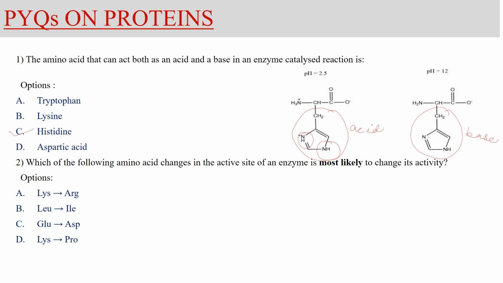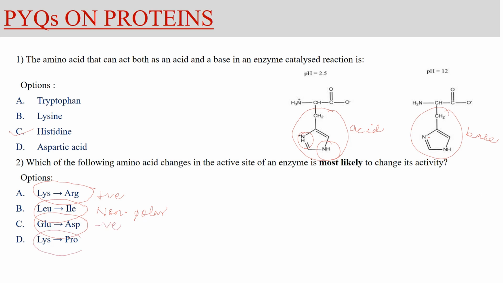The next question is, which of the following amino acid changes in the active site of an enzyme is most likely to change its activity? Our options are lysine to arginine. There would be no change in the activity because both are positively charged amino acids. Then next is leucine to isoleucine, no change since both are non-polar amino acids. Then glutamic acid to aspartic acid, no change since these are negatively charged amino acids.